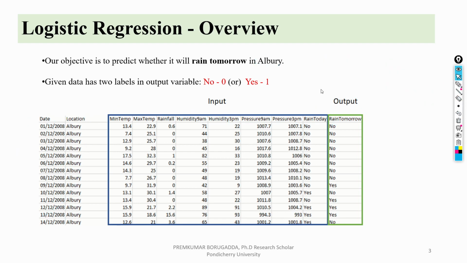By using this data we are going to predict whether the rain will come tomorrow or not. In this data there are two values, no and yes. No means 0, no rain; yes means 1, the rain will come tomorrow. This is the simple data.